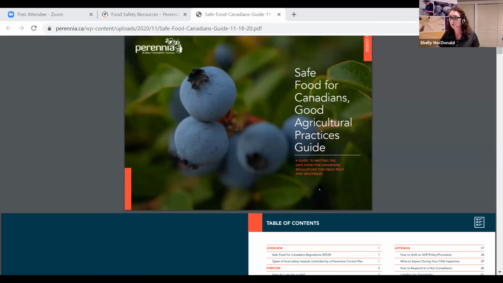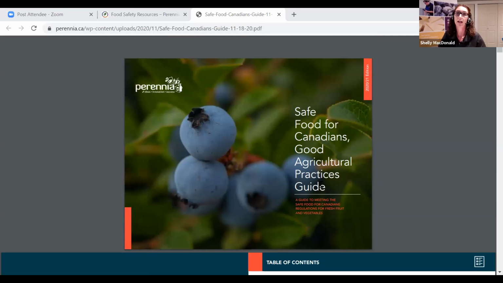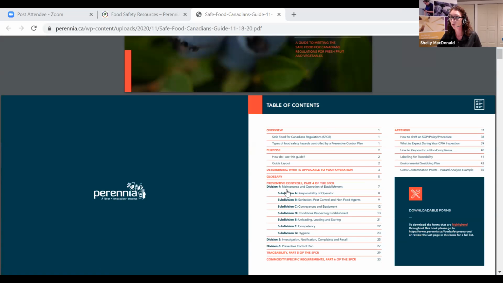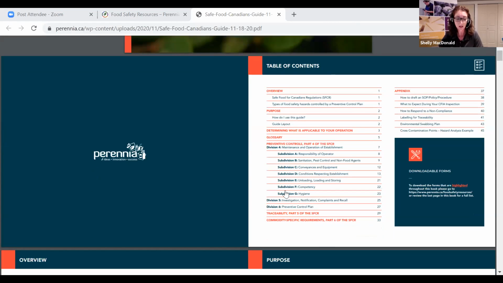So this is a guide when you go to the Perennia.ca website. If you click on quality and food safety and scroll down to food safety resources, this will be the first resource that you come to. So it is the Safe Food for Canadian Good Agricultural Practices designed for the fresh fruit and vegetable sector. The table of contents you will see, we'll just quickly go over them before starting the presentation.